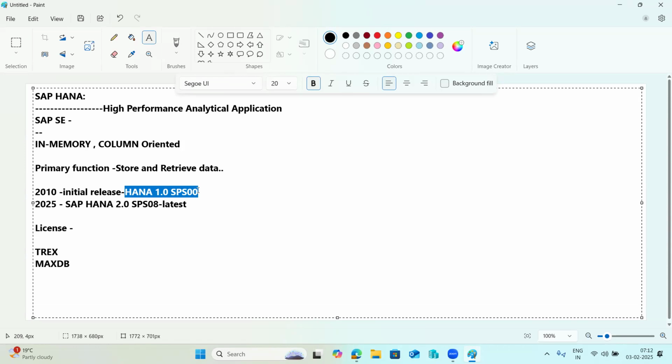SAP HANA systems store the data in a column-oriented way in memory, combining OLTP and OLAP operations into one system. HANA is an online transactional and online analytical processing database.